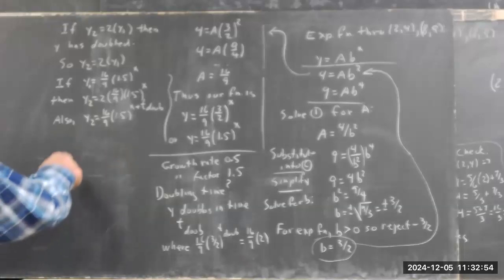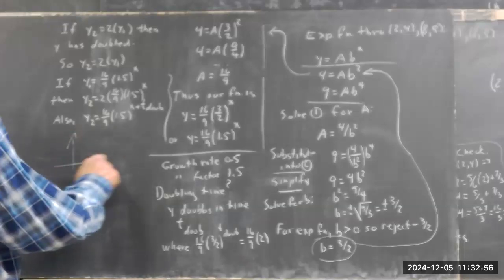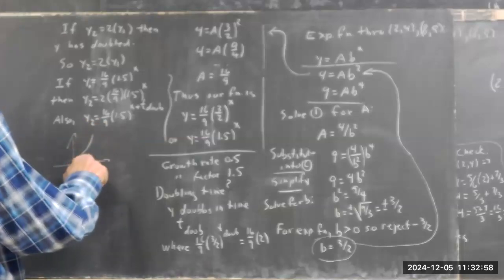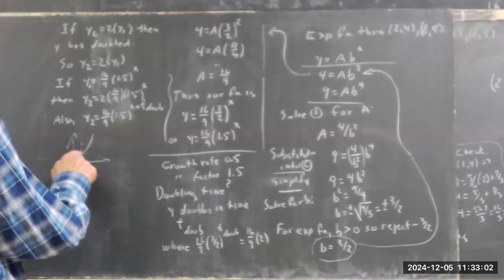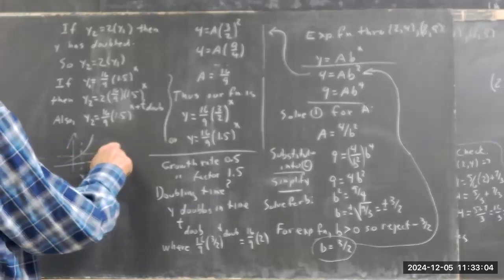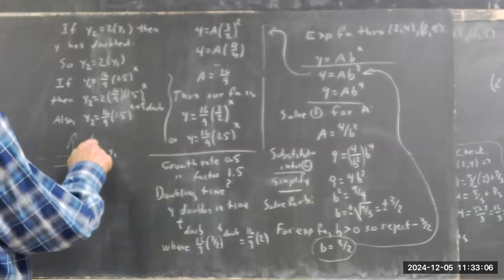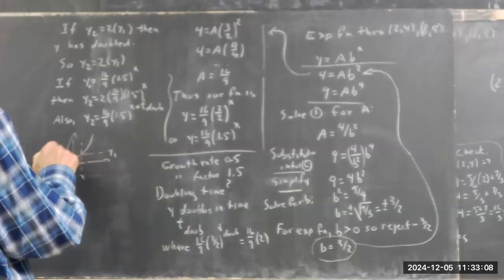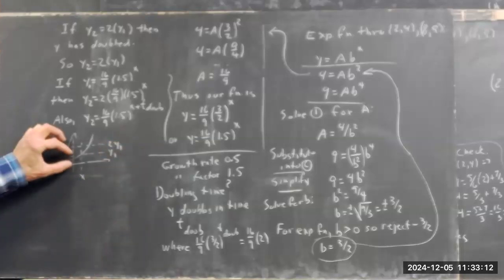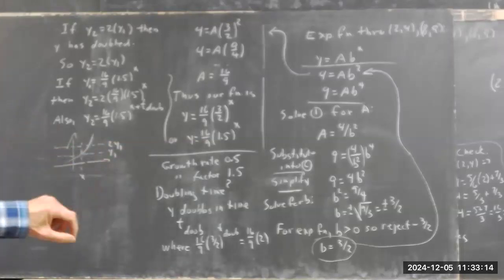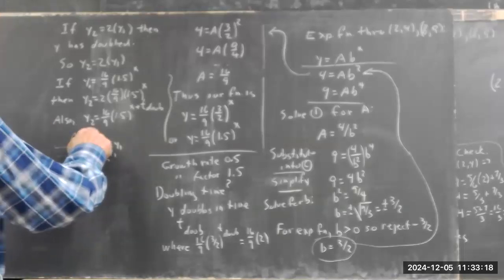Okay, so you have your exponential function here. Here's x. Here's y1. Here's 2y1, twice as big as y1, twice as far from the x-axis as y1.